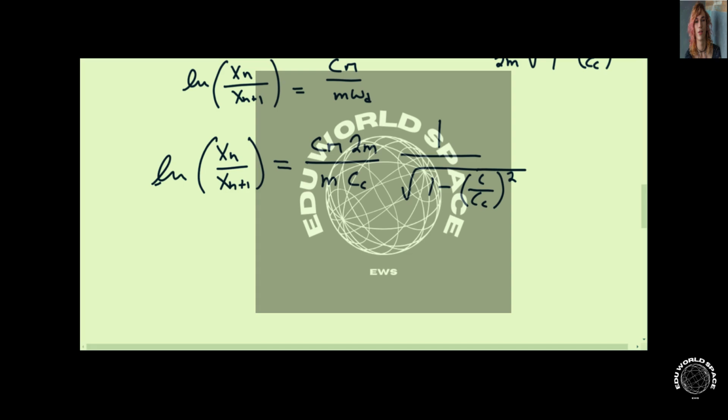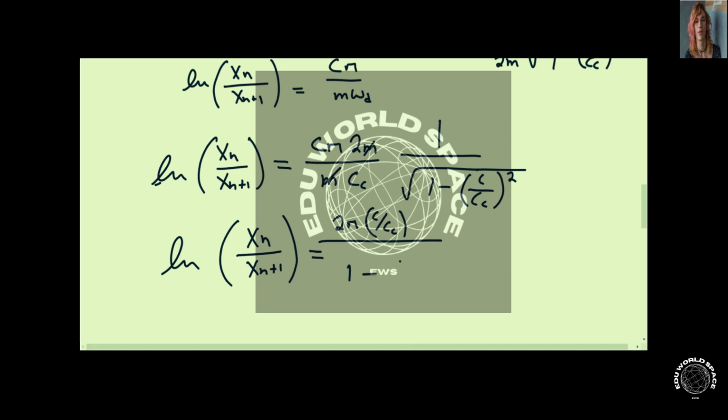And now we can further this. Because of this, we have the 2 pi up. So remember, let's cross this out, and we have c over here divided by the square root of 1 minus c squared.